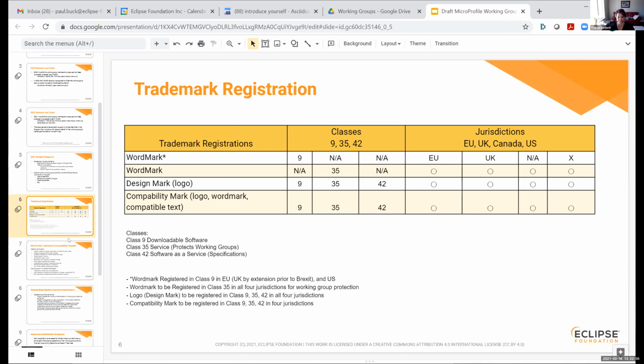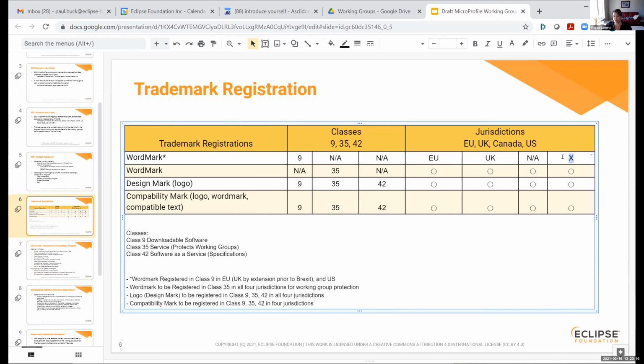Any questions on that? Yeah. I've got a question. So under the jurisdictions, you've got EU, UK, Canada, US, but then underneath that, it's got EU, UK, I think that's North America, and an X. What's X? Sorry, John, sorry, that's supposed to be United States there.